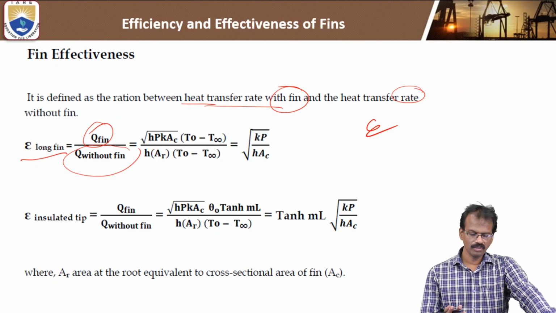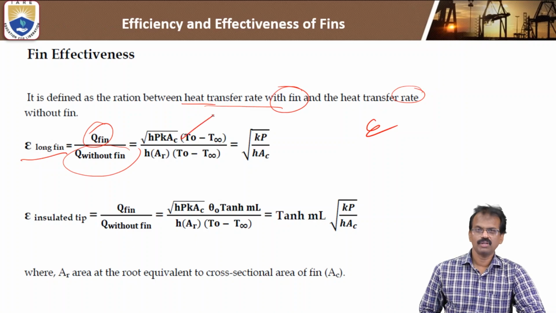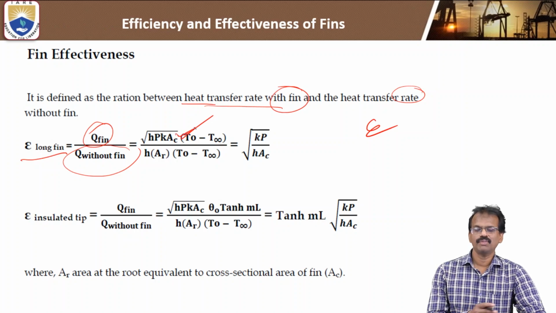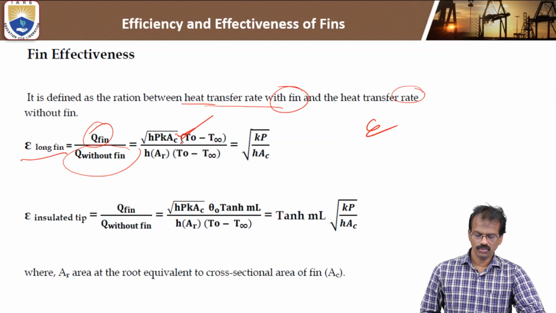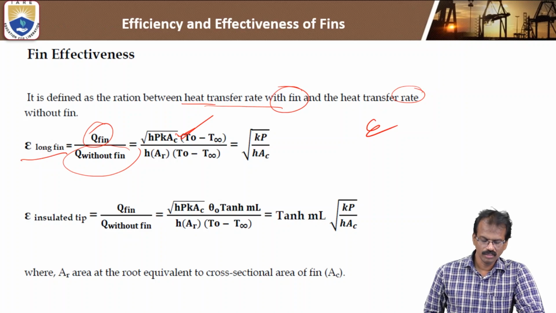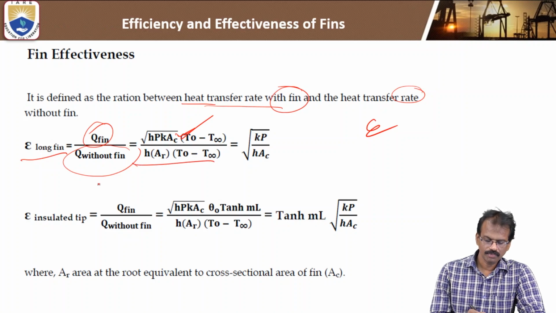This is the formula with fin, already derived in the previous class: under root HPKA into theta naught, where theta naught is T naught minus T infinity.